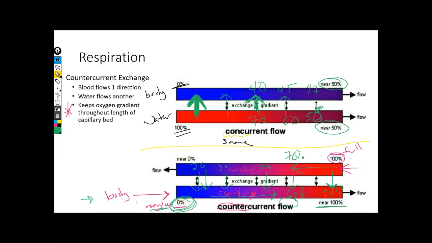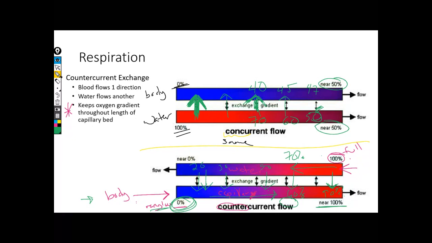Make magic numbers. Okay. We're going to be able to pass on less and less until eventually we're about the same. Now we reached about the same in countercurrent exchange at no point. Right? We were always higher in the water. So we're always able to give more.